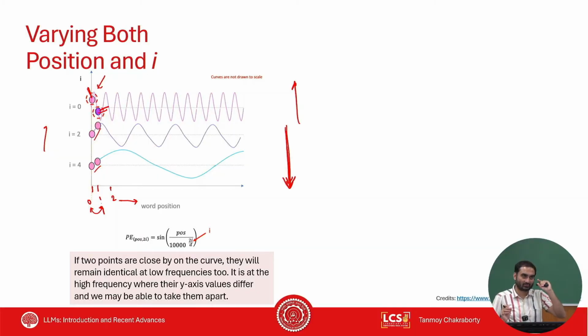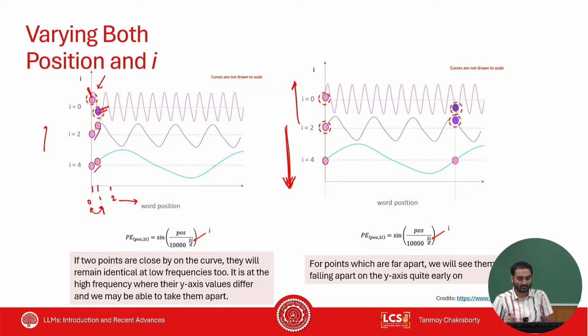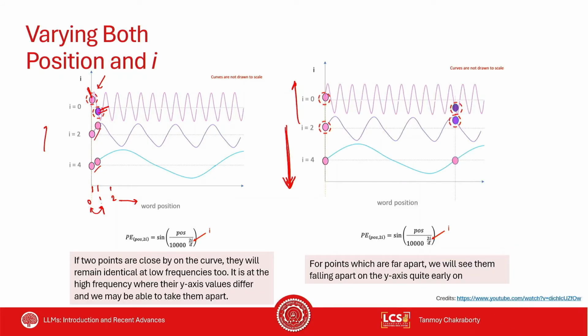So two nearby positions are mostly separated by high frequent signals, and high frequent signals are captured by the first few elements of the vector, i equals 0, i equals 1, and so on and so forth. Now as you move on, let's compare the 0th position and, let's say, the 6th position.